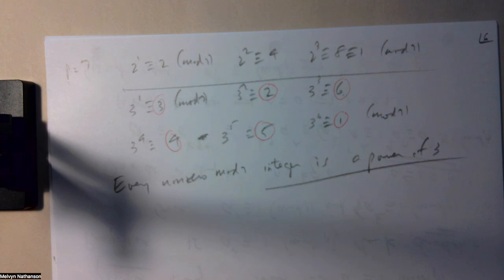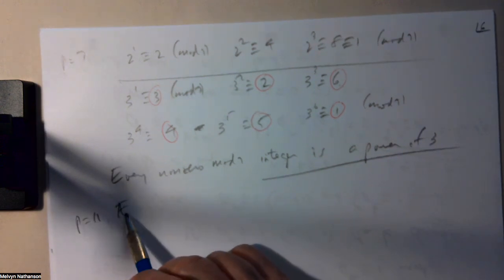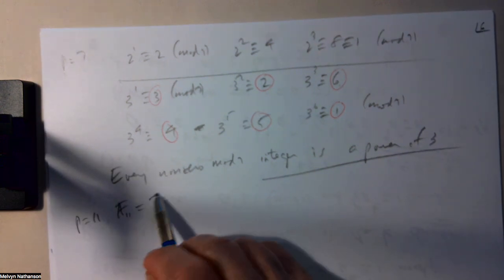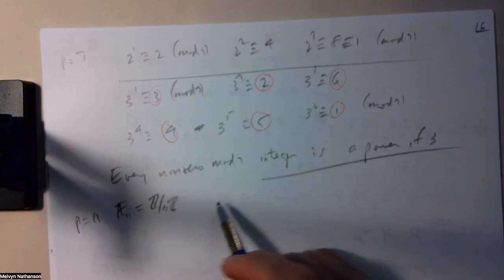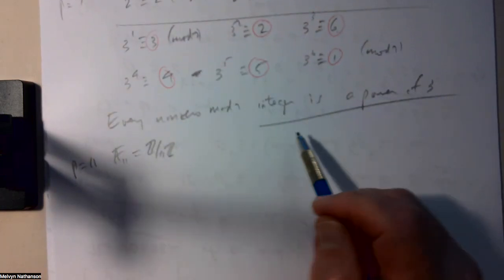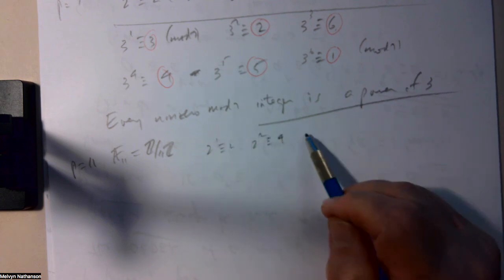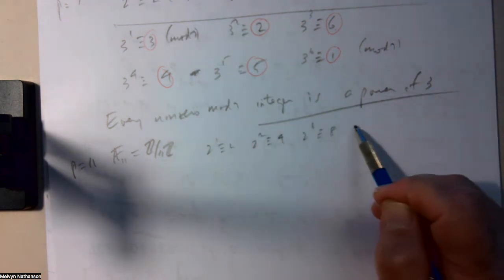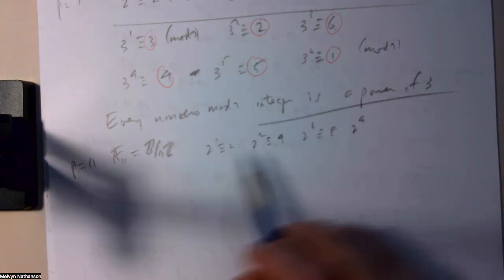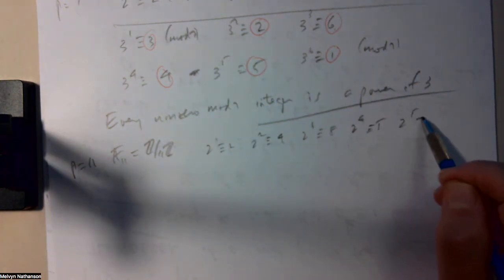Let's look at another example. Suppose I take p equal to 11, and I'm looking at the finite field F11, or Z mod 11Z. What are the powers of 2? 2 to the first power is 2, 2 squared is 4, 2 cubed is 8, 2 to the fourth is 16, which is 5 mod 11. 2 to the fifth is 10.